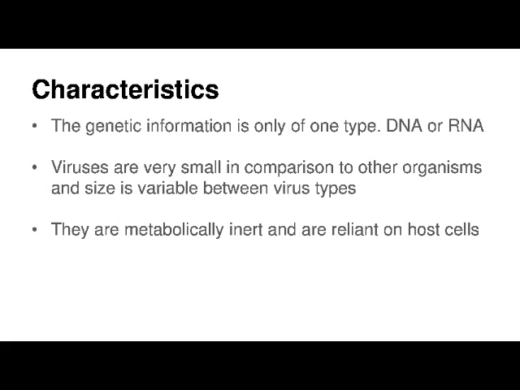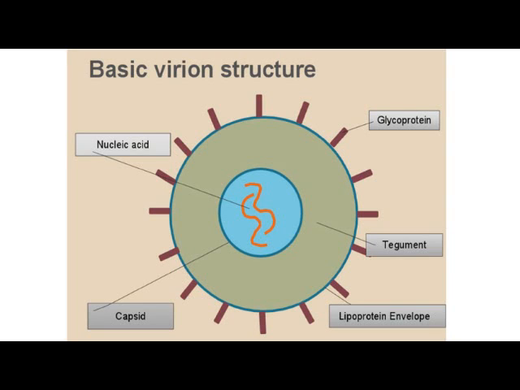So the characteristics basically of a virus, there's genetic information in there. There's DNA or there's RNA, and then there's different types of DNA and RNA as well. They're very small. Of course, they cannot be seen with the naked eye, and they are metabolically inert, and they rely on having a host cell.